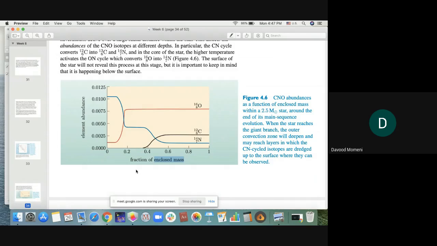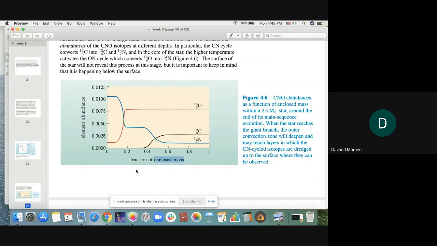So you see that the blue graph shows you the change in the nitrogen. In the part of the CNO cycles, the portion which is related to nitrogen is the blue one, and it shows that the element abundance is decreasing when the fraction of the elements is increasing.